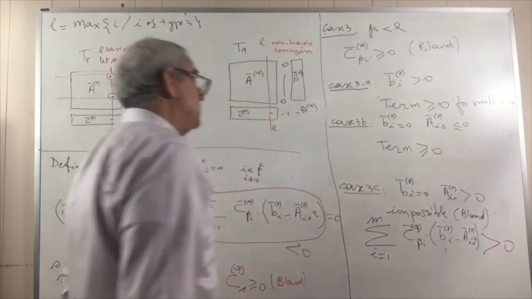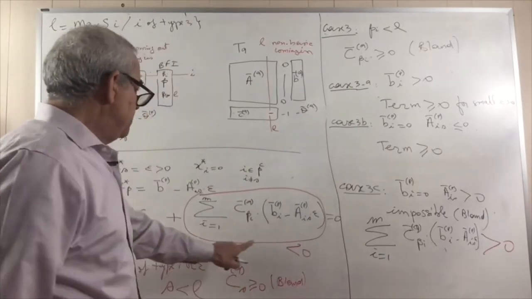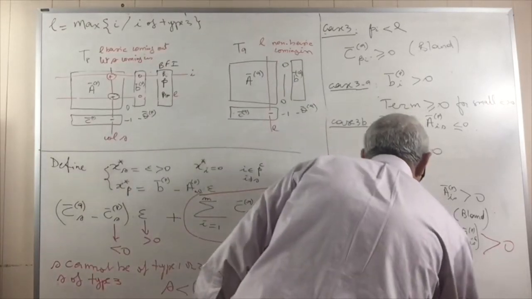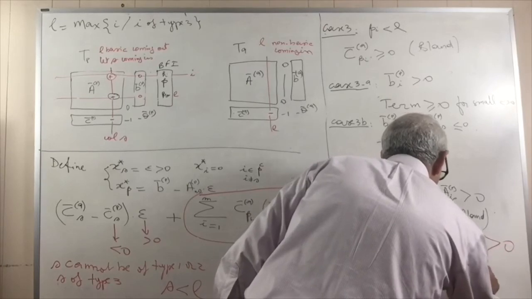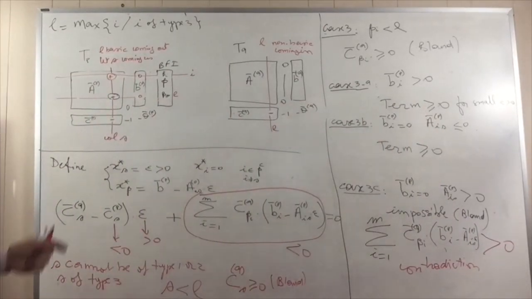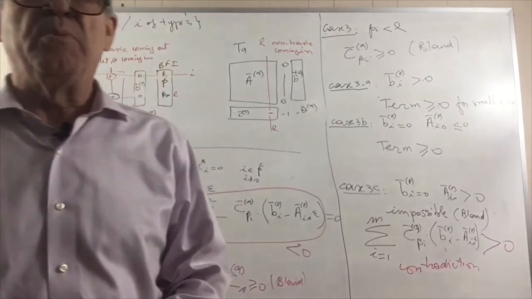We just proved that for all those cases. And this is where the contradiction occurs. We showed before it's negative, and here positive. So contradiction. Therefore, the simplex tableau under Bland's rule does not cycle, and therefore the simplex algorithm will terminate finitely.